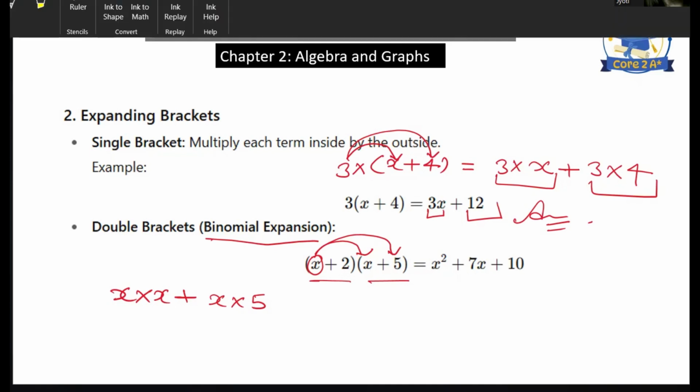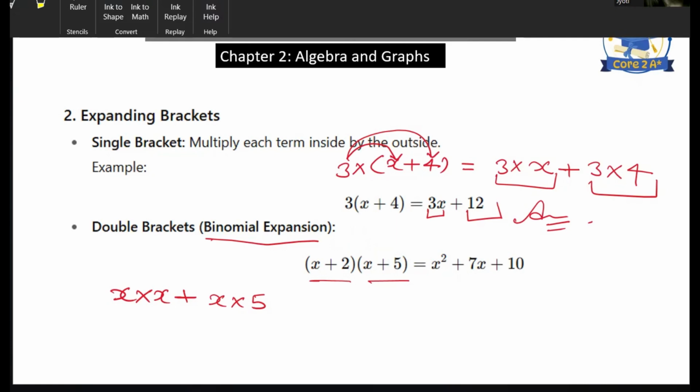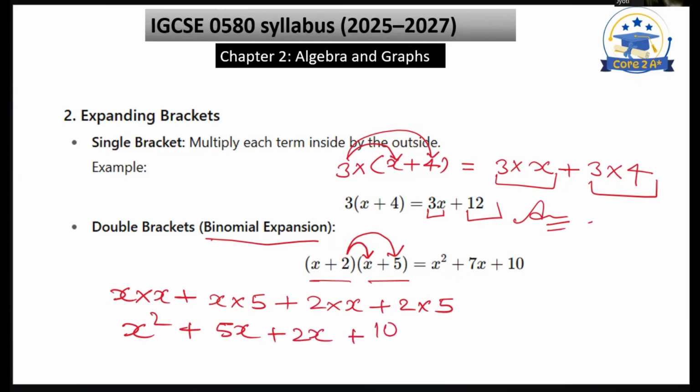Now it's time to multiply with 2. 2 with x and then 5. 2 times x plus 2 times 5. So x times x, x square. x times 5, 5x. 2 times x, 2x. 2 times 5 is 10.